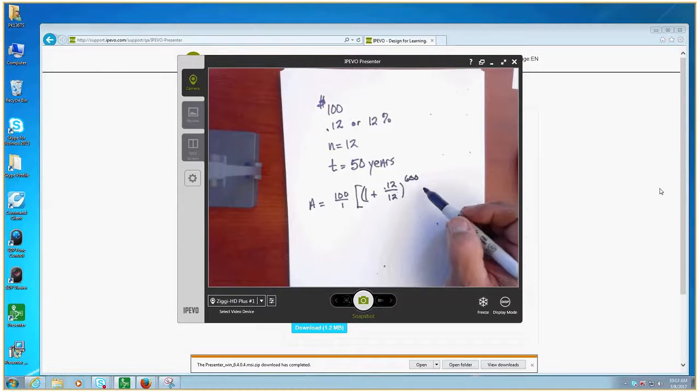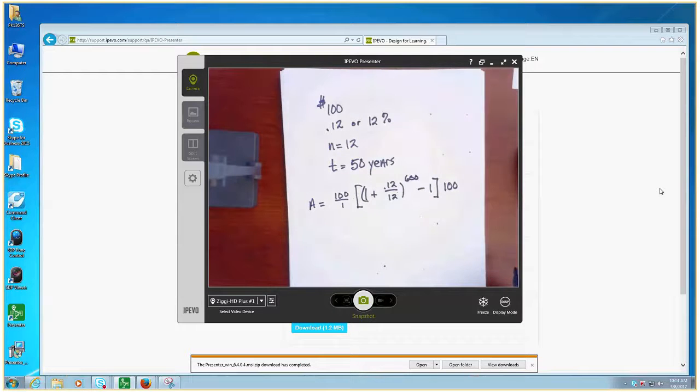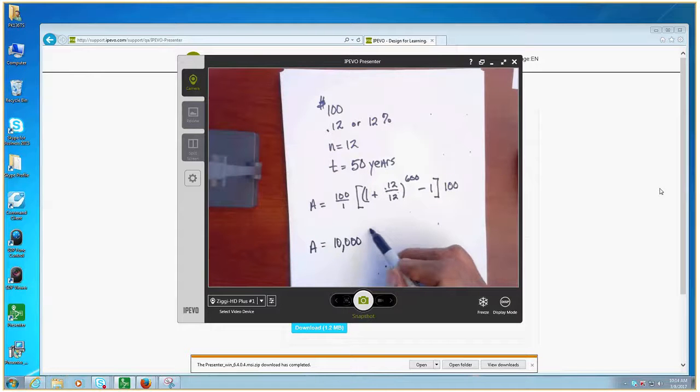So that'd be 600 minus 1, close brackets, and then 12 divided by 12 is 100. So we still got the 10,000 out front. But what's going to make a difference is that dang old 600th power. A is equal to 10,000 multiplied by whatever you get in here.